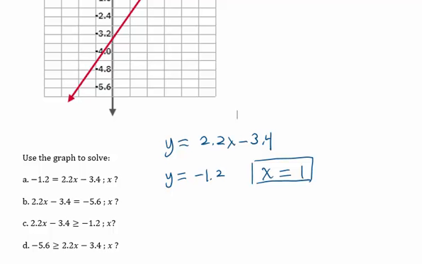We'll do a similar thing for part B. 2.2x minus 3.4, when is that equal to negative 5.6? That is saying, when is y equal to negative 5.6 if we're given the graph of this particular function.